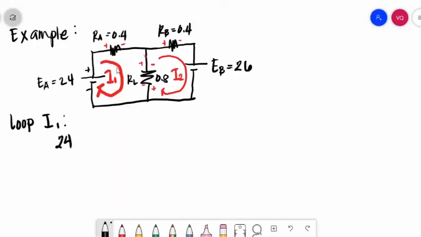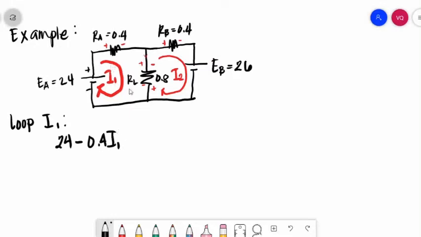And then loop current I1 enters the positive sign of the resistance RA, so we will have a voltage drop in RA, negative 0.4 I1.